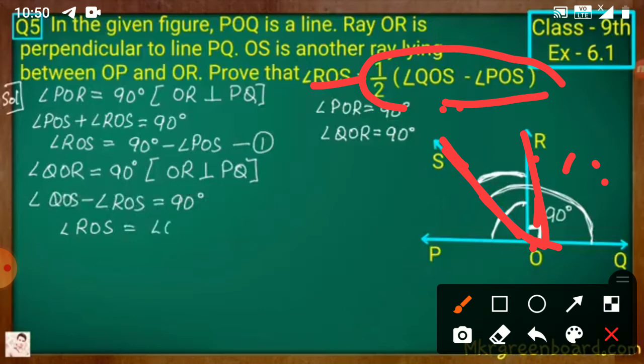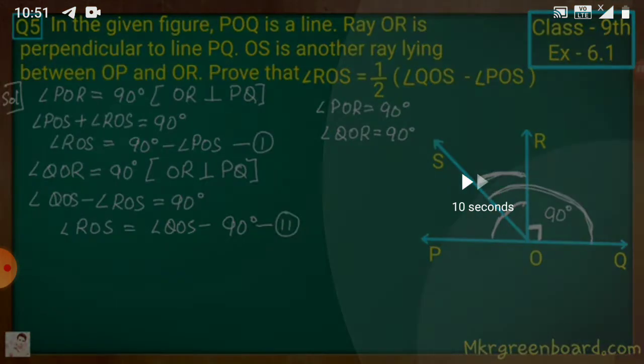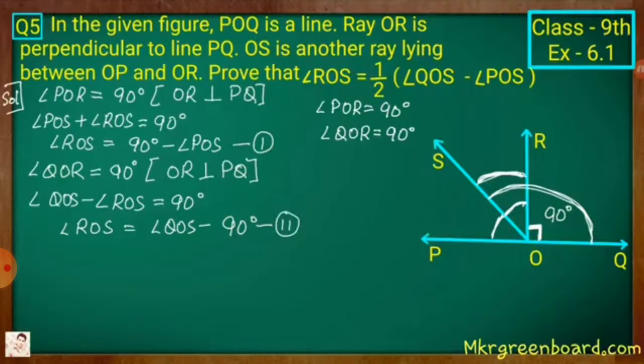Here what I did, plus 90 I am taking this side, this side means minus 90. Minus ROS this side I am taking, so this side means plus. Angle ROS equals QOS minus 90 degrees. This is equation 2.